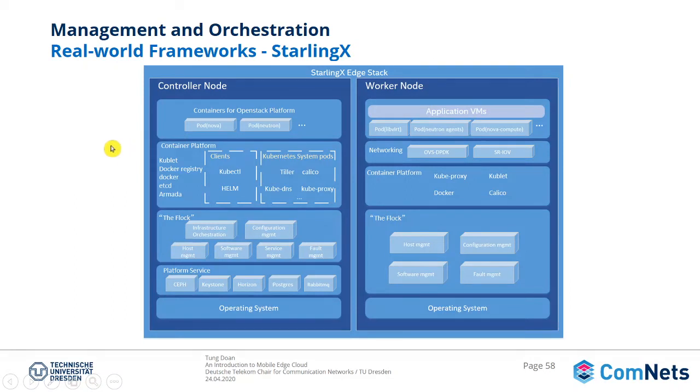And you also can see that in StarlingX, OpenStack is also used. They use the compute service and the networking service in OpenStack. And in the lower layer, we can see that Ceph, the storage service, and Keystone, the security service, are used in StarlingX.